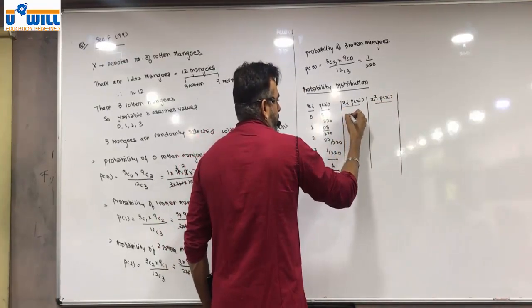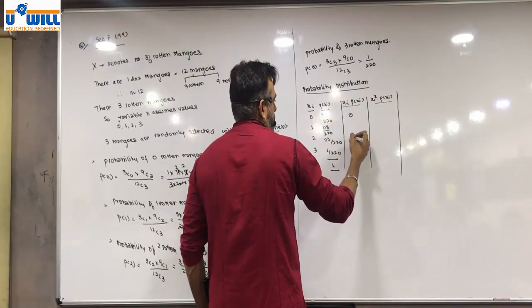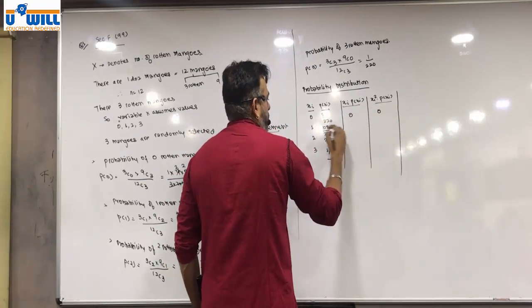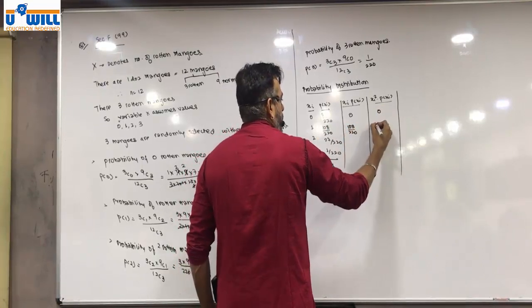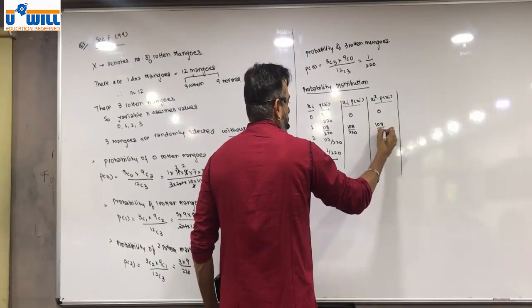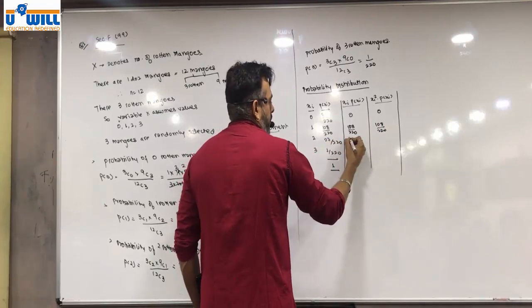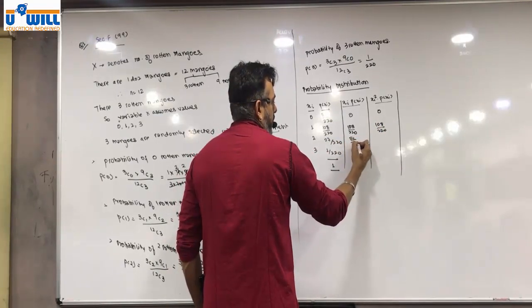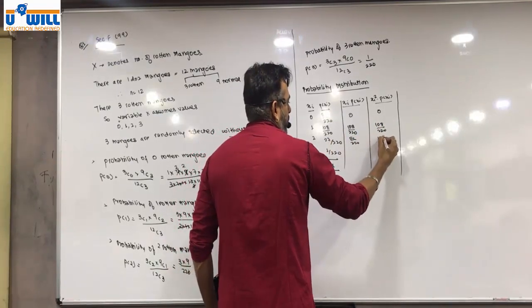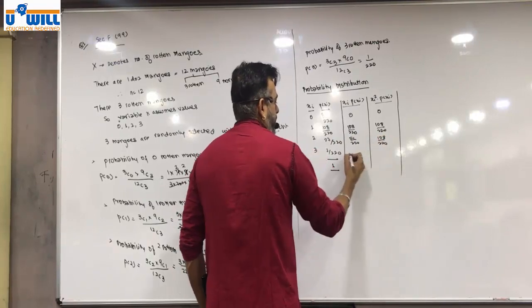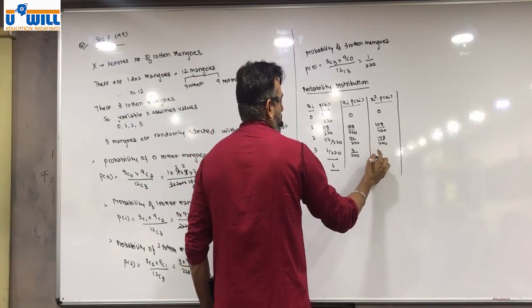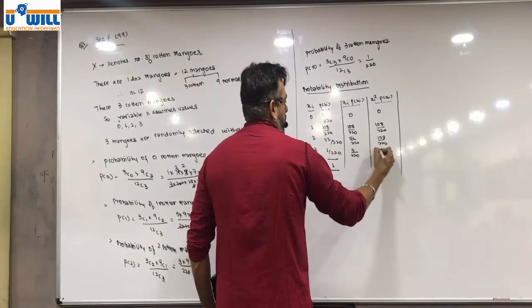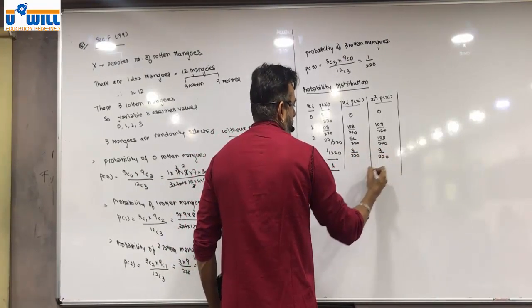We have to multiply, so this will be 0, 108 by 220, 54 by 220, 108 by 220, 3 by 220, 9 by 220.